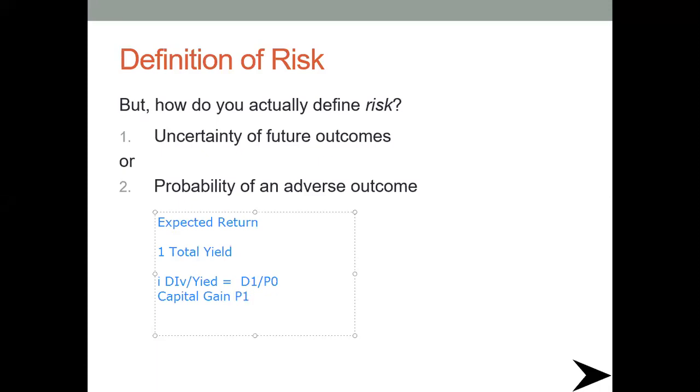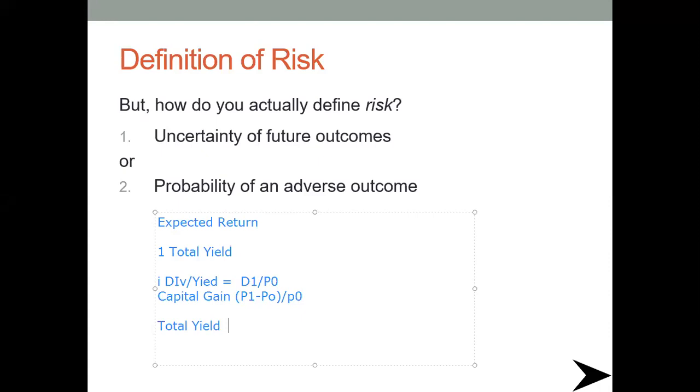It's P1 minus P naught divided by P naught. That is your capital gain. If you sum up these two terms, you will get total yield. You will sum this up and calculate the total yield.